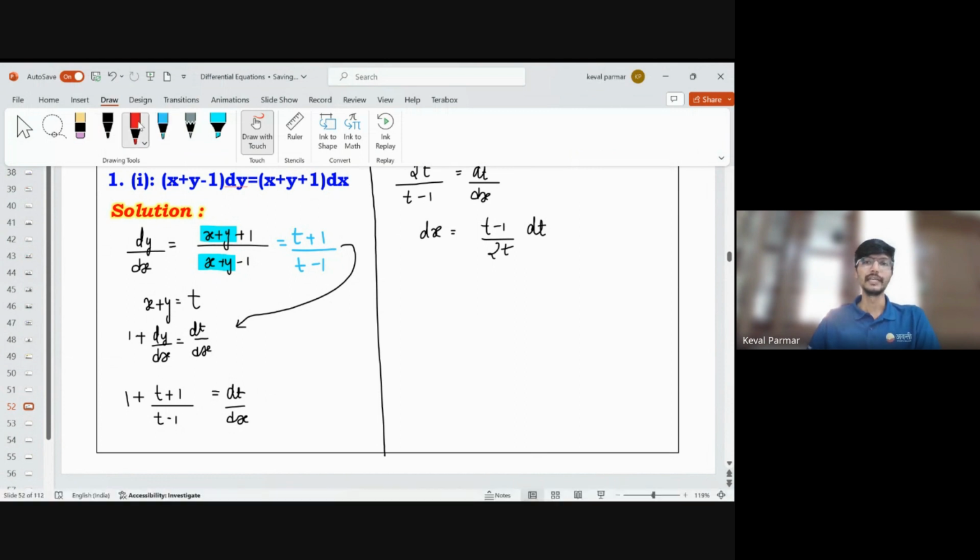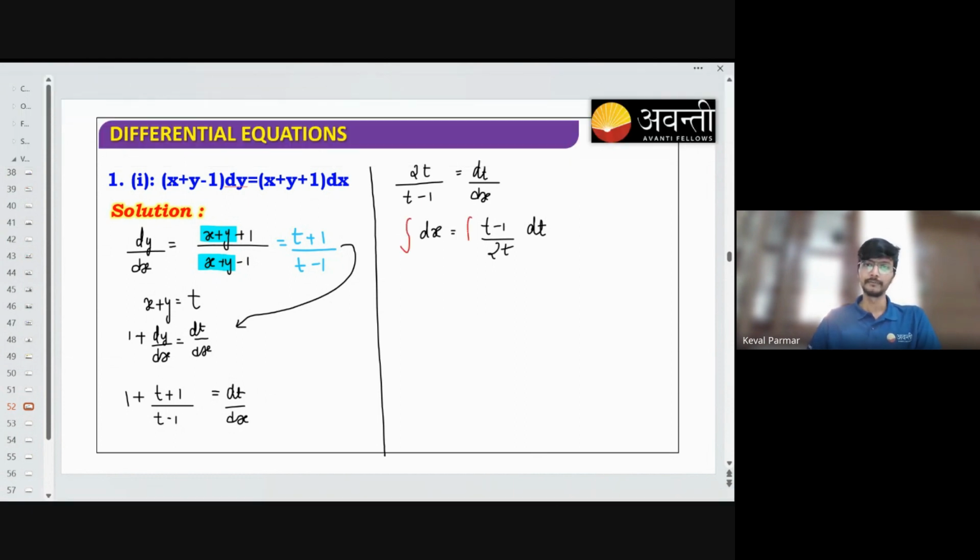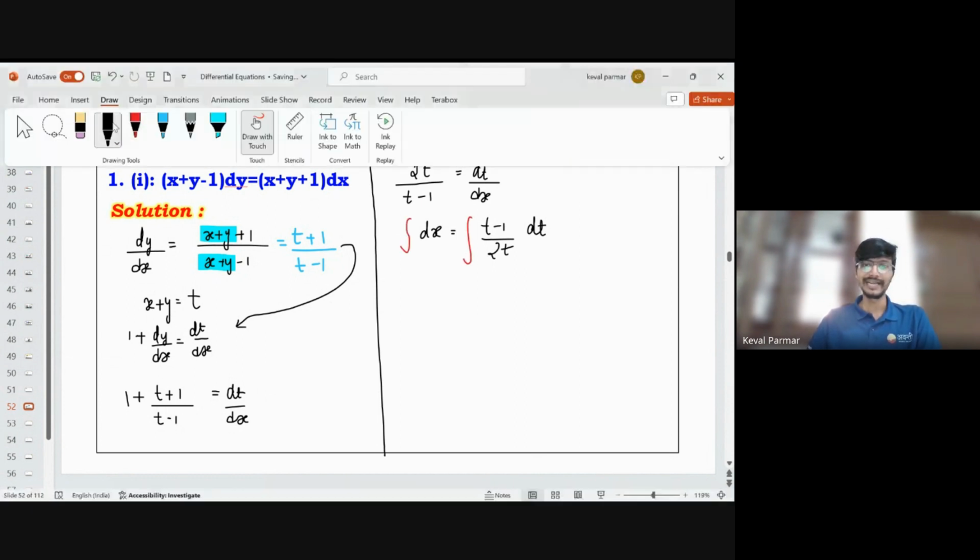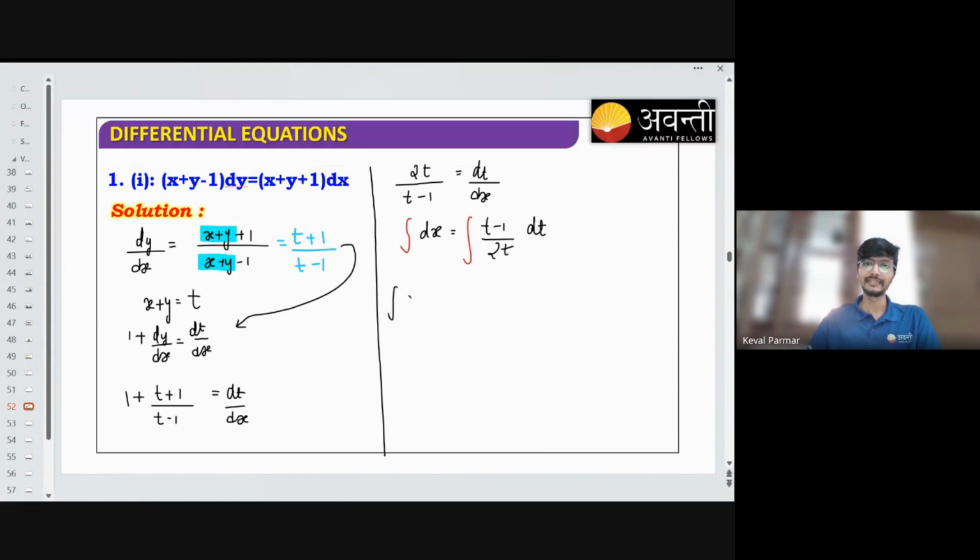Just integrate. So on the right hand side I can split the denominator. So what I'll get is 1 by 2 taken outside, 1 minus 1 by t dt.